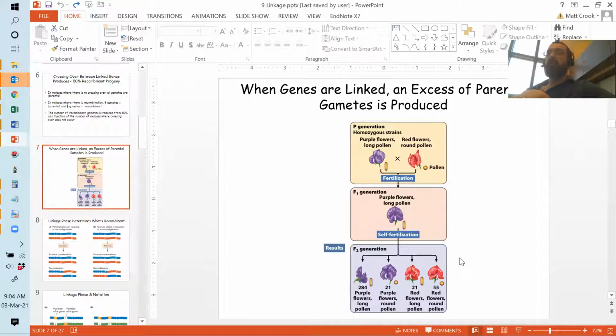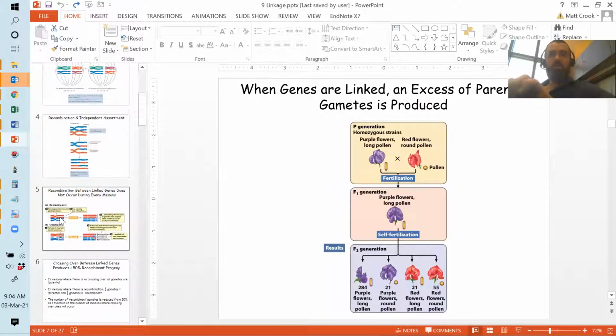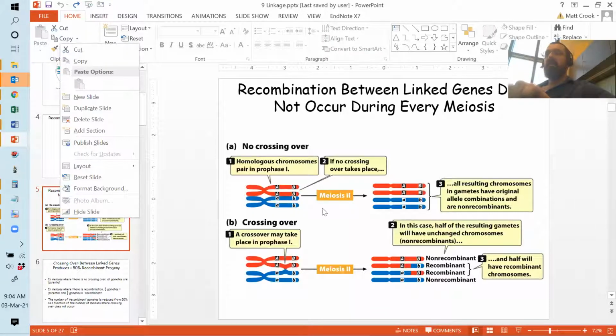When you look at two different traits and the genes responsible for those traits are linked, essentially they are close enough that occasionally no crossing over takes place. If you want to write something down, write this down: linkage means that recombination does not always occur between two genes, because they're close enough that just by chance, sometimes it doesn't occur between them and occurs outside of them.